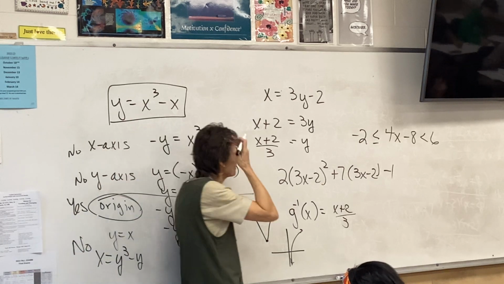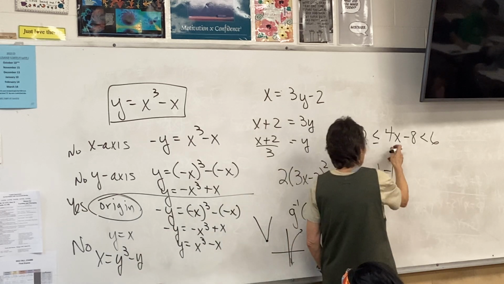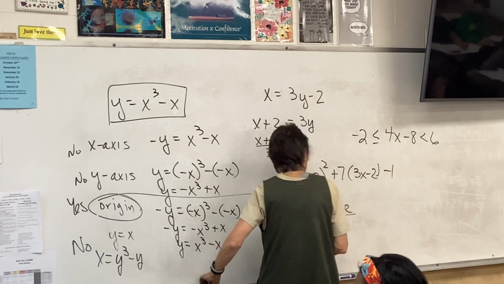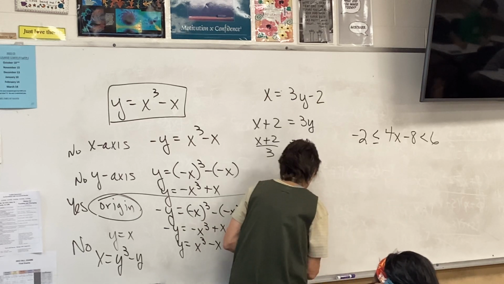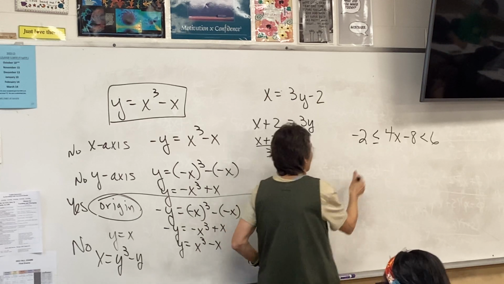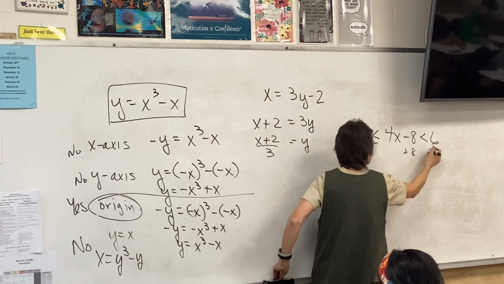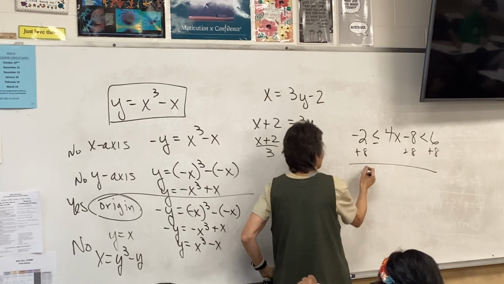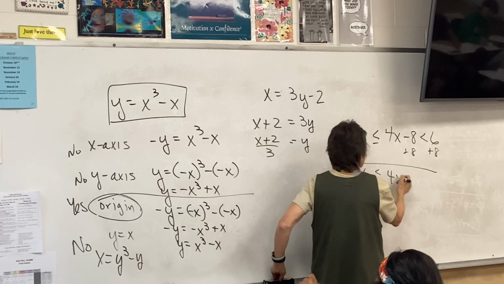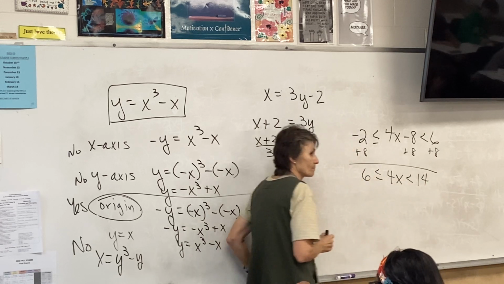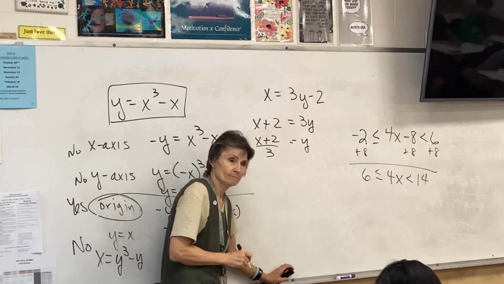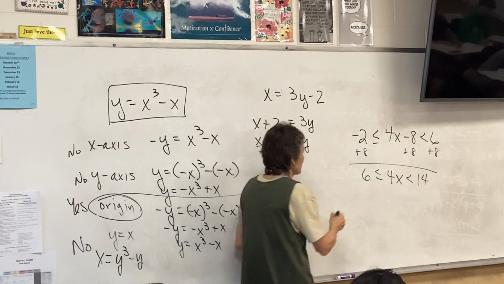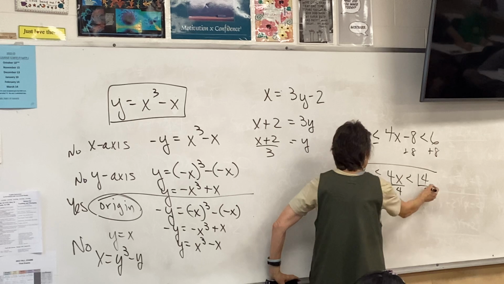So what do I need to get rid of? To get that x by itself, I need to get rid of the 8 first. So I'll add 8, but when I add it, I have to add it in all parts of the problem. So now I have this. And then I will divide all parts by 4.